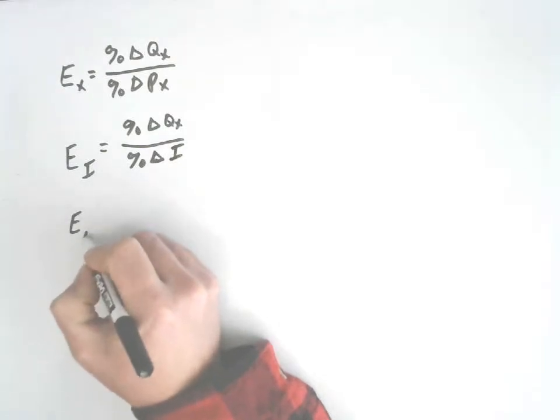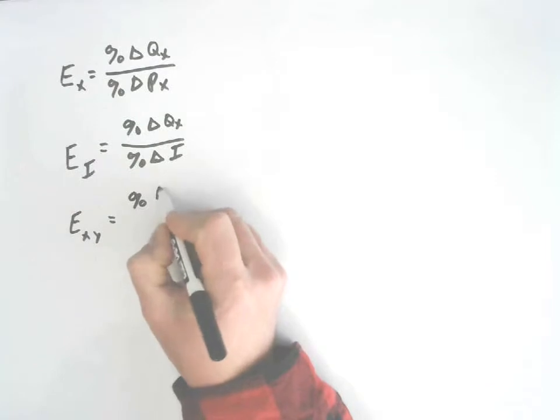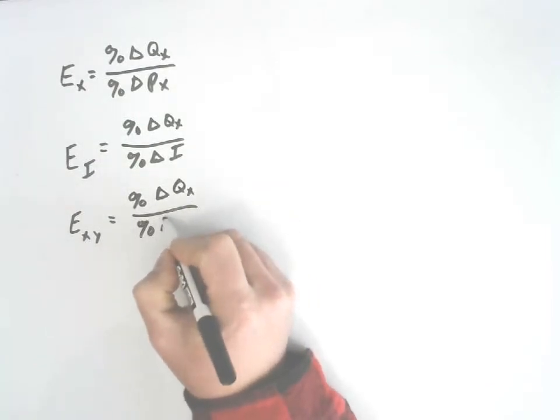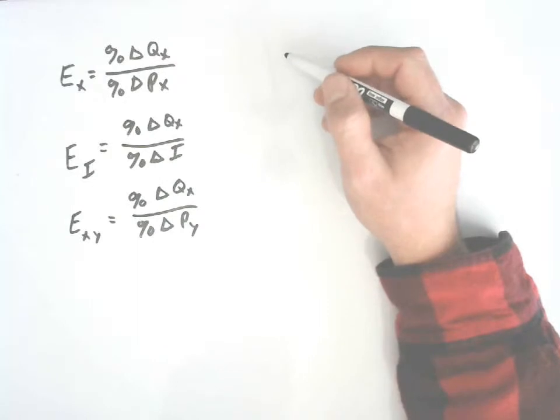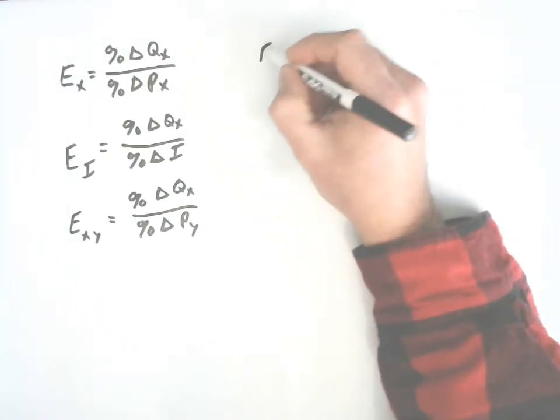And we have cross price elasticity of demand, which is percentage change in QX divided by the percentage change in some other good Y.